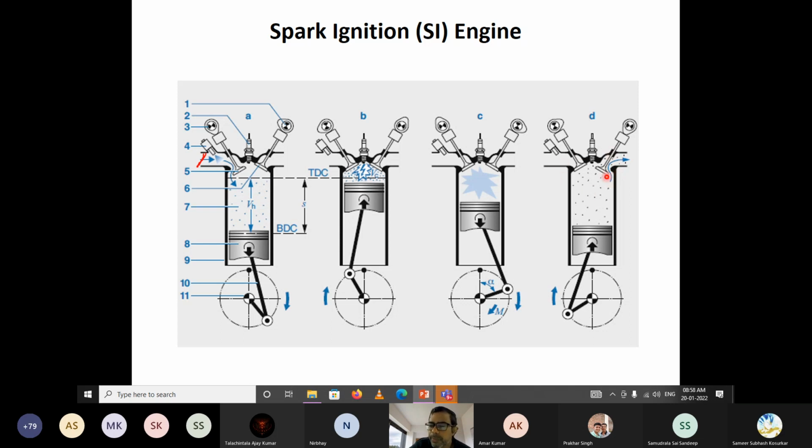If I explain this part now, then I need to explain so many things and we can deviate from here. So I would request you to hold that information. I will cover it in the valve timing diagram, immediately after this discussion, most probably next class or the class after.